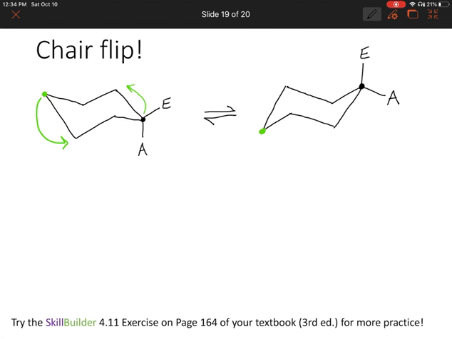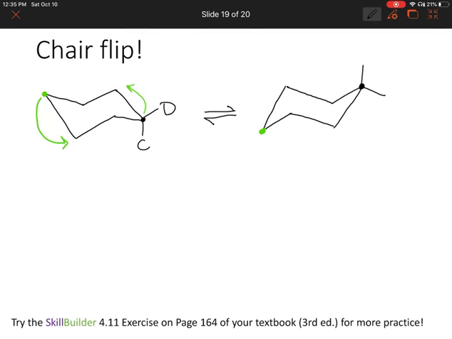So let's actually relabel those so that we don't get confused. Let's just label them C and D. That's a little bit easier. And then we won't get the axial and equatorial terms mixed up.